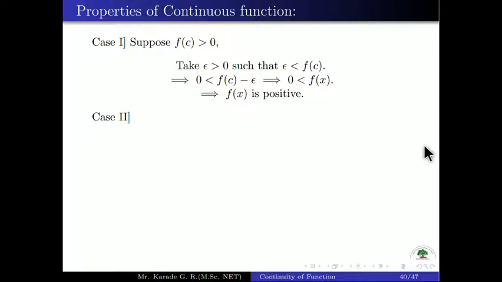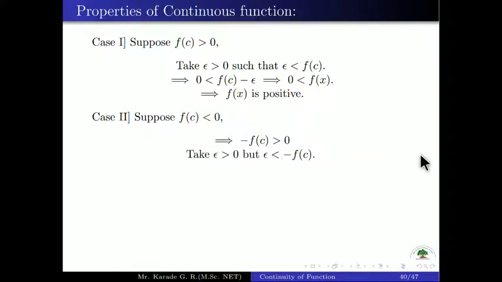Case second, suppose f of c is less than 0. So in the first case, whenever f of c is positive, f of x is also positive. Now in case second, suppose f of c is negative, then what will happen? Minus f of c will be positive, and take epsilon greater than 0, but epsilon is less than minus f of c.